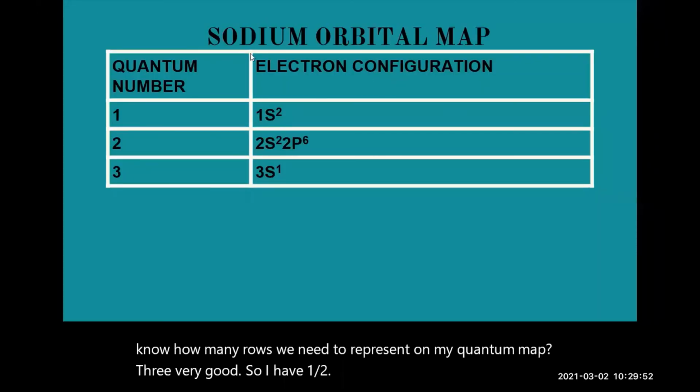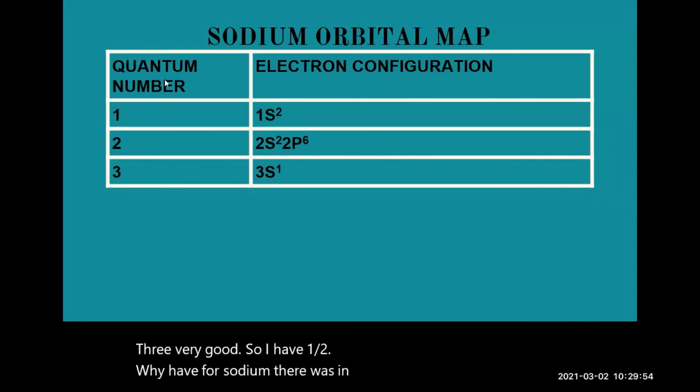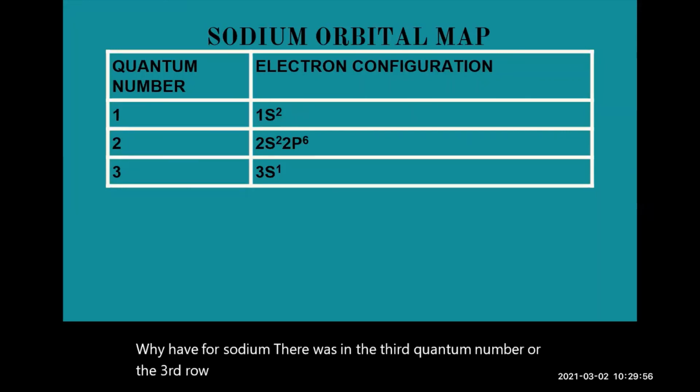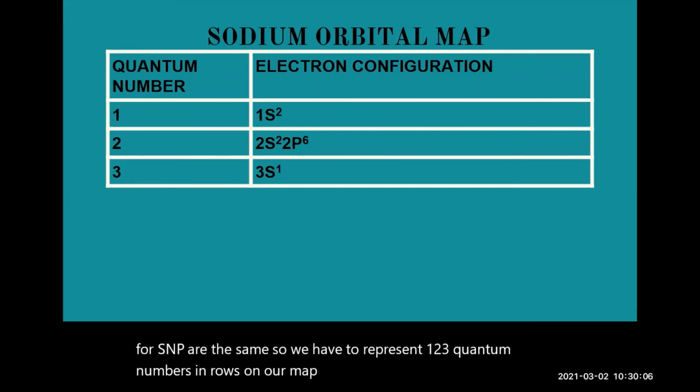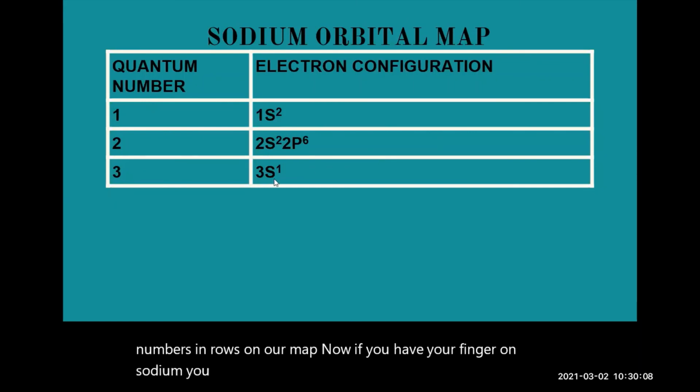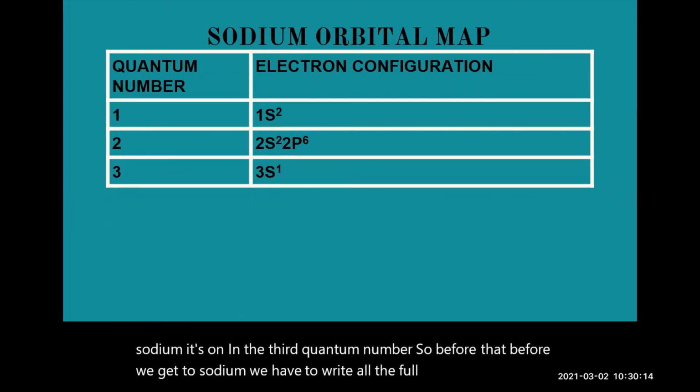For sodium, it's in the 3rd quantum number, or the 3rd row, because remember the quantum number and the rows for S and P are the same. So we have to represent 1, 2, 3 quantum numbers in rows on our map. Now, if you have your finger on sodium, you know it's in the 3rd quantum number. Before we get to sodium, we have to write all the full orbitals ahead of it.